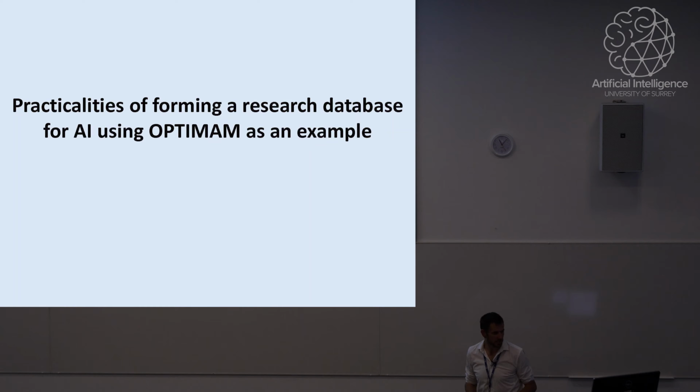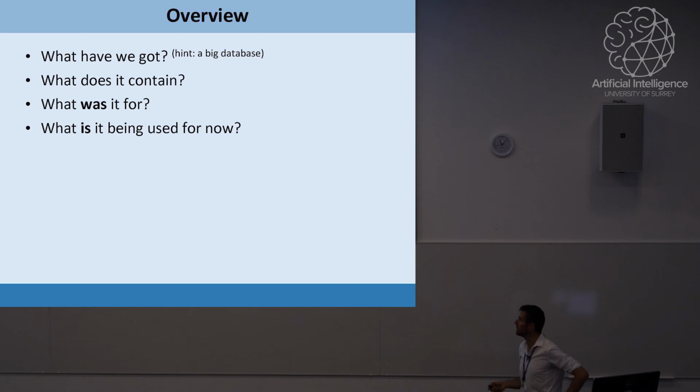Okay, so moving on to the main chunk, we're looking at using Optimam as an example to frame the sort of challenges we've had while trying to collect images from multiple sources, centralize them, and then share them for AI purposes. That's the general gist of it. So what I'm going to cover is what we've got in our big database, what it contains and what we first developed it for, because it wasn't originally for AI at all.